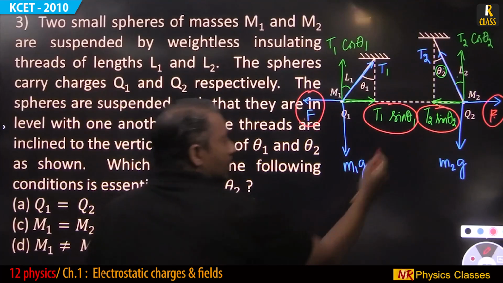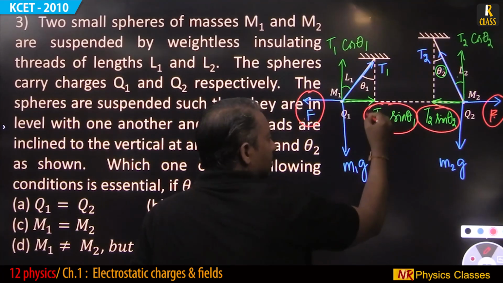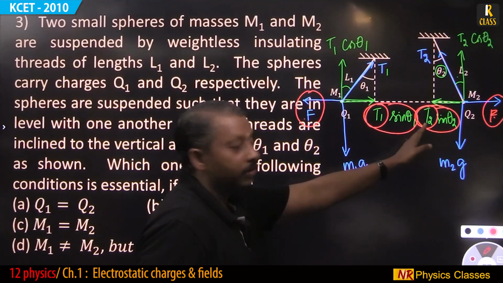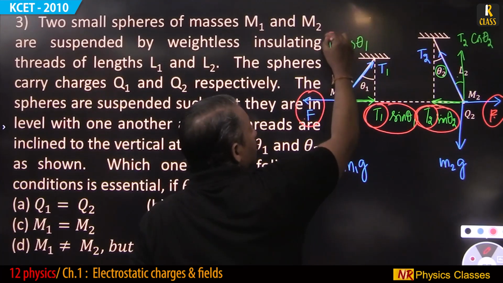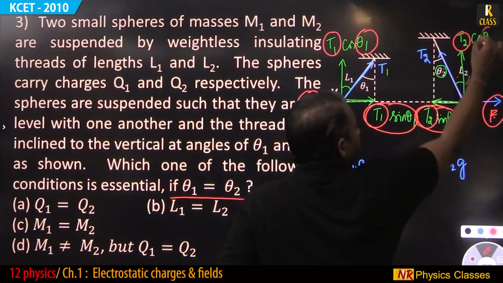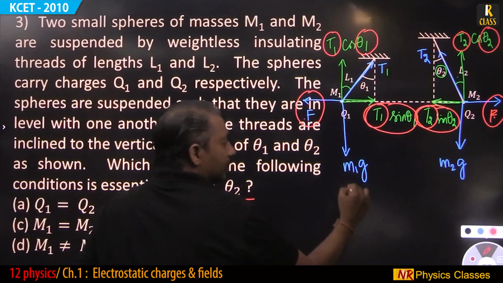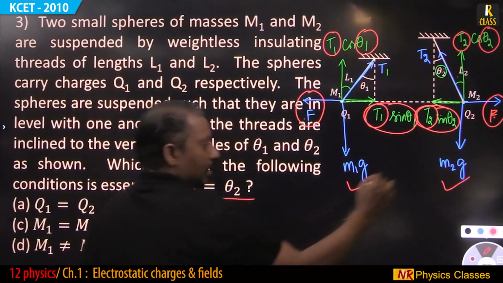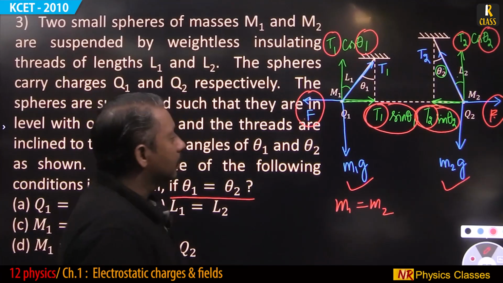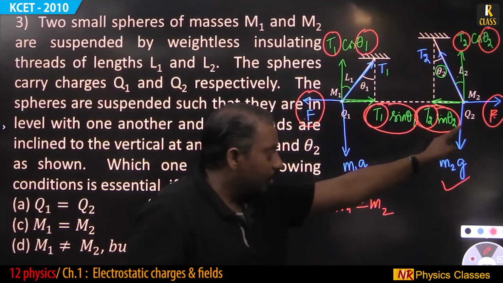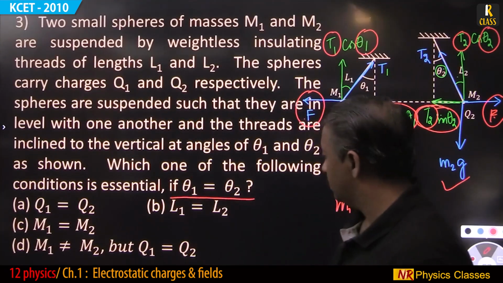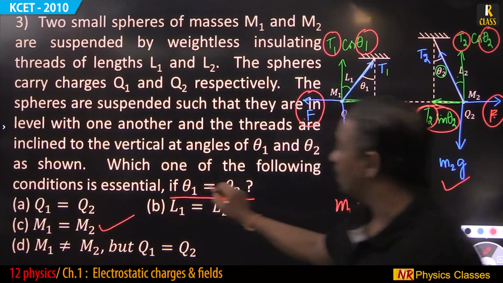Angles are equal. If theta 1 equals theta 2, then T1 should be equal to T2. If T1 equals T2 and theta 1 equals theta 2, then this should be equal to this. Nothing but m1 equals m2. Irrespective of the magnitude of charges, we get m1 equals m2. Where is that? m1 equals m2? Yes, m1 equals m2.